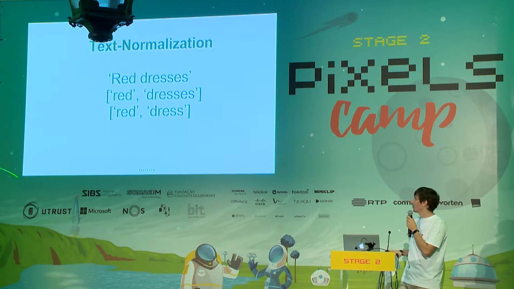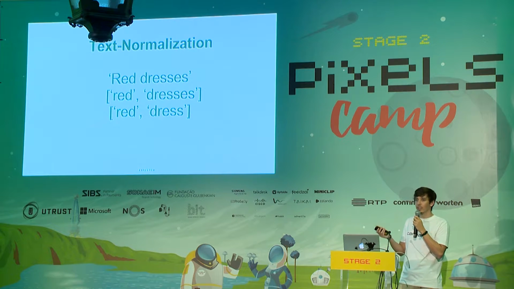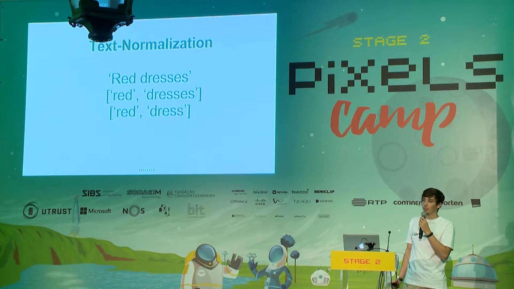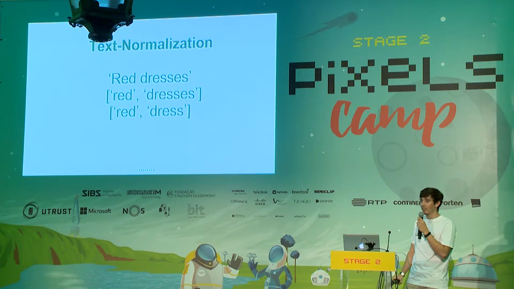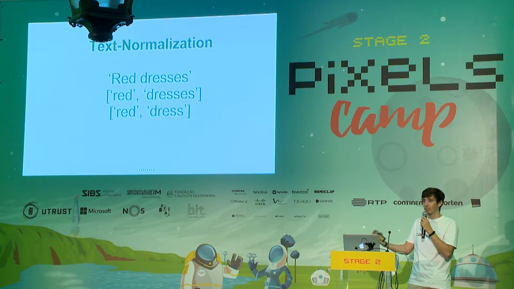In English, it's pretty simple. So I have red dresses, I have a word which is red, and I have a word which is dresses. But in other languages, for example, Chinese, in which you have different characters and each character combined with different ones means different things, it's much more difficult to establish this type of rules.